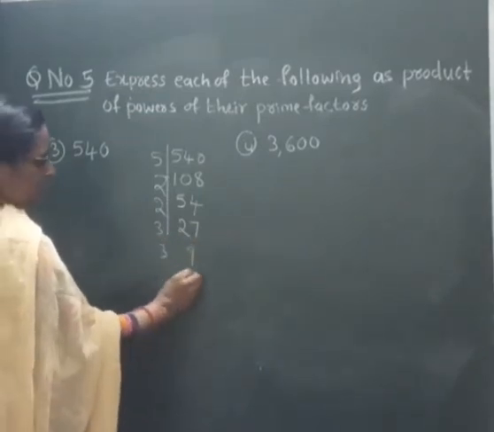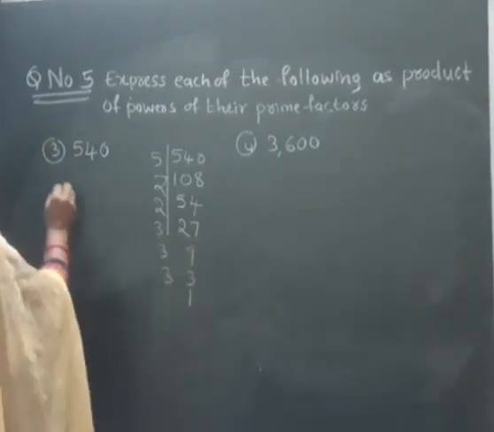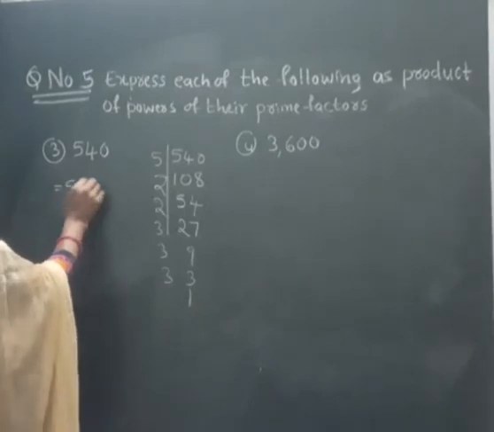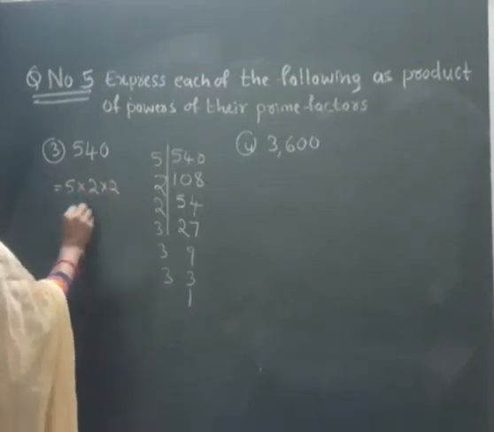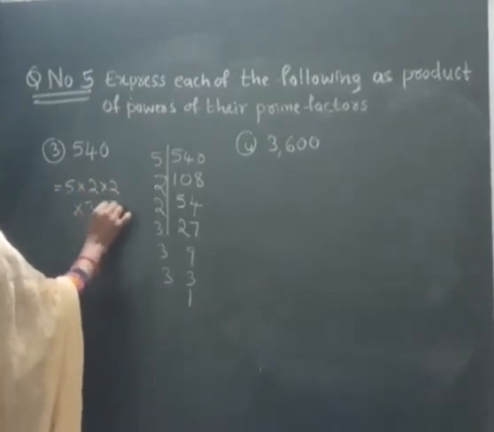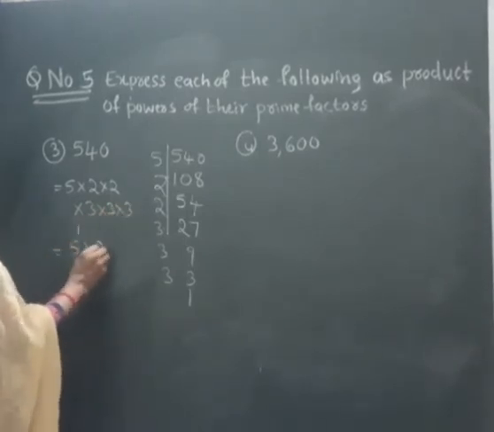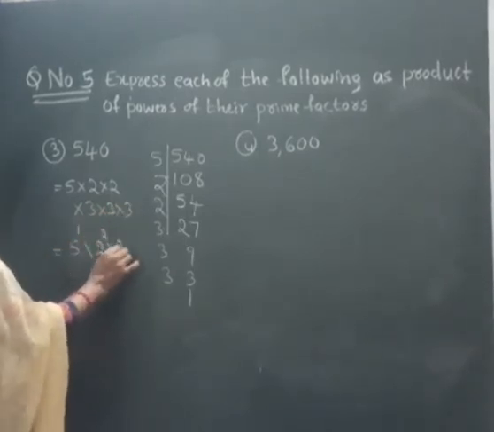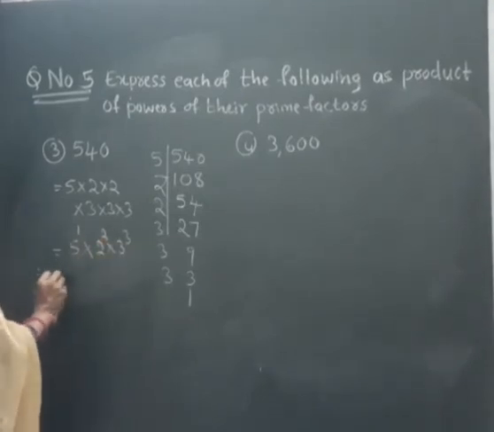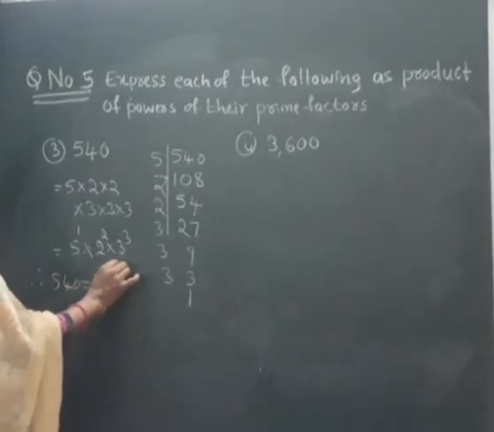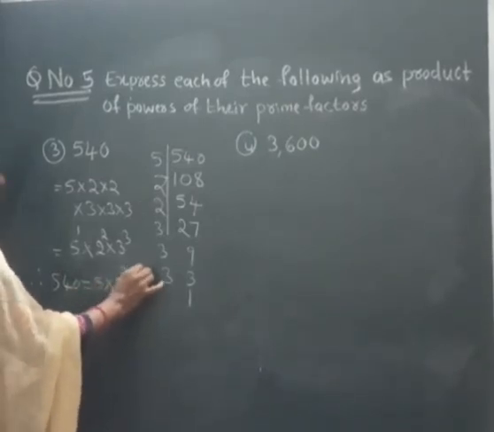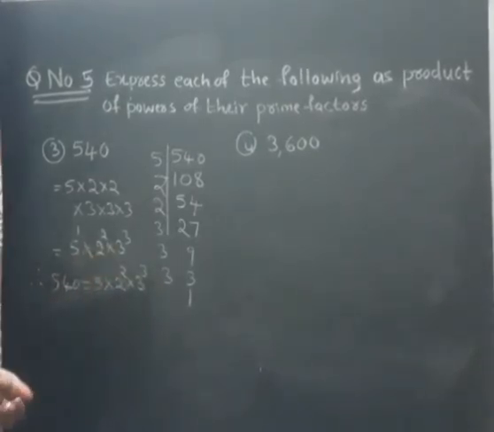So 5 is 1 time, 2 is 2 times, 3 is 3 times. So 540 is equal to 5 into 2 raised to 2 into 3 raised to 3.